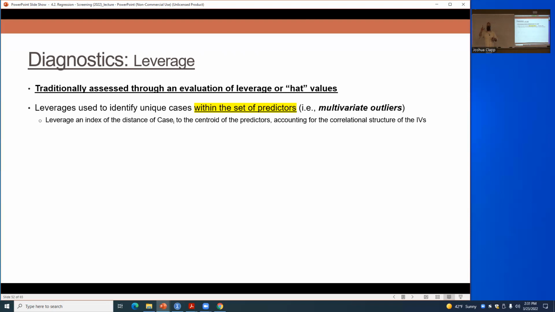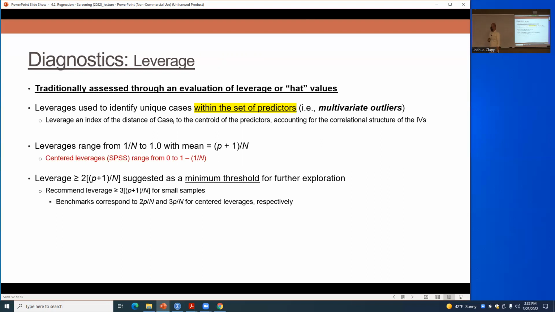It's easy to see in 2- and 3-dimensional space. When we get into 4-dimensional space, then things get strange. But if we take the mean of everybody on all our predictors and see where these different points are, that distance is what we're calculating as our leverage. Okay. Now, leverages, as we're going to calculate or request them from Stata or SPSS.